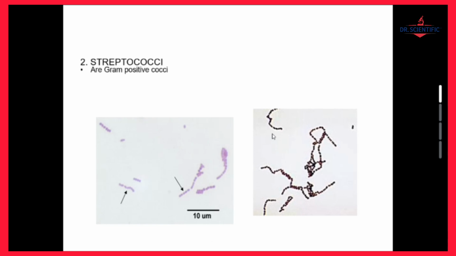These streptococci are still gram-positive cocci, but they normally appear in a chain-like arrangement, hence earning the word strepto, chain-like streptococci, but they are still gram positive.